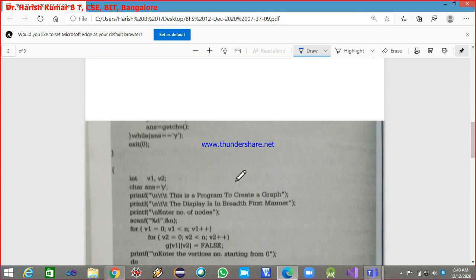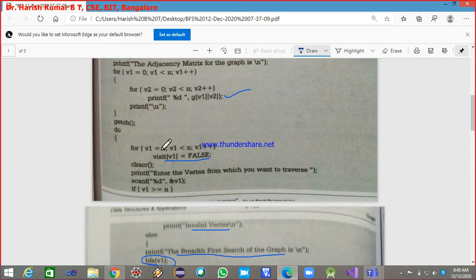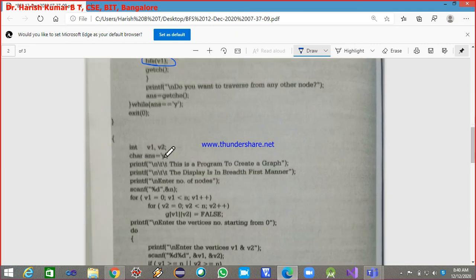So after BFS, we get ch, and then again we are asking, do you want to traverse from any other node? If the answer is yes, then again I go back, read one more element and repeat. Now this part is the program to create a graph and display it in the breadth first manner.